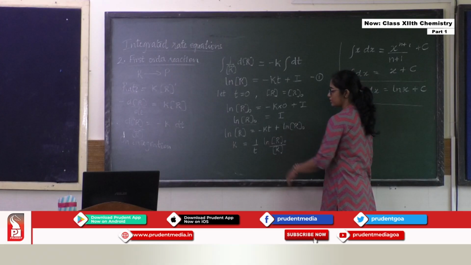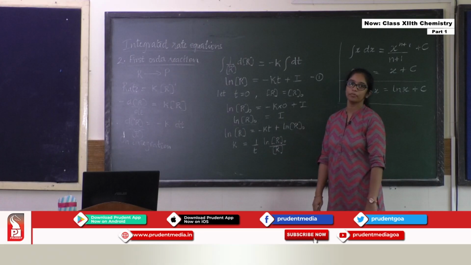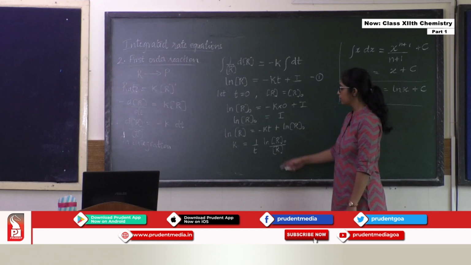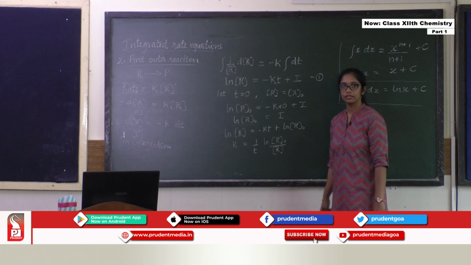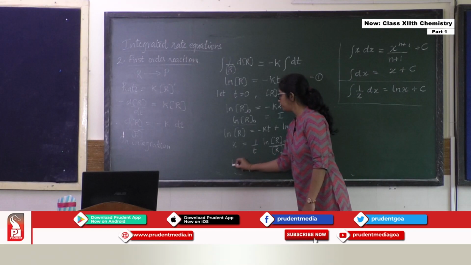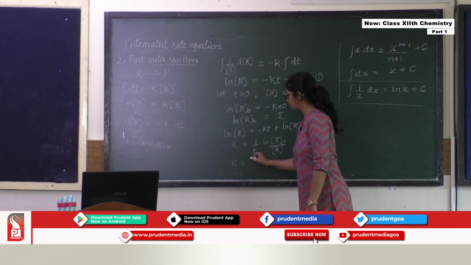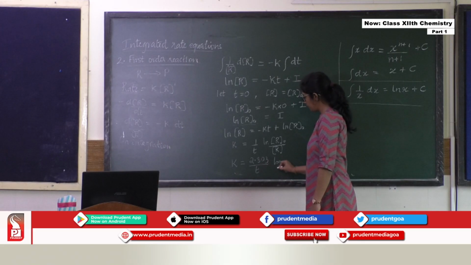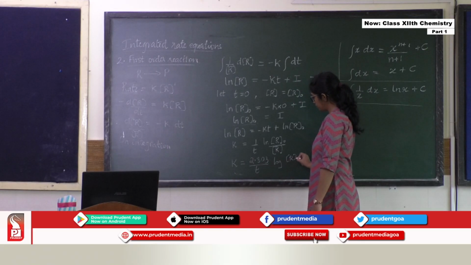Now to use this equation to solve numericals, it is going to be a little difficult for us because normally we are given common logarithms, and to convert natural logarithm to common logarithm we multiply by a factor 2.303. So the final equation we can write as 2.303 k is equal to 2.303 upon t log of R naught upon R.